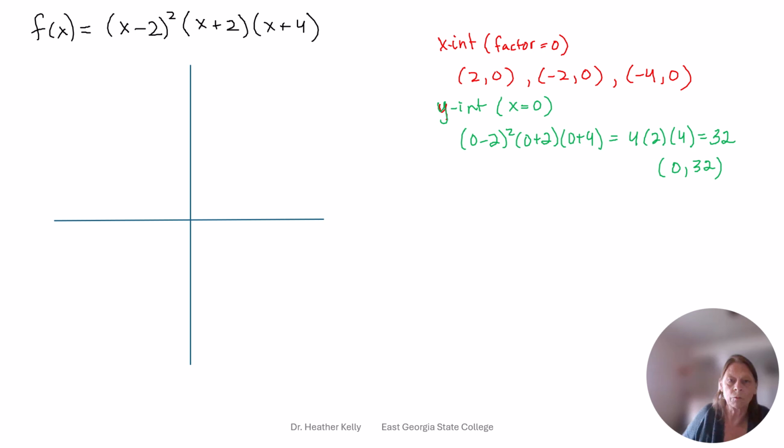And then let's see what our extreme end behavior is. If we look up here, we have 2 plus 1 is 3 plus 1 is 4. So that is an even, and it's positive. So we know that both ends point up. All right, well, let's get down to it. Let me put in some hash marks here.